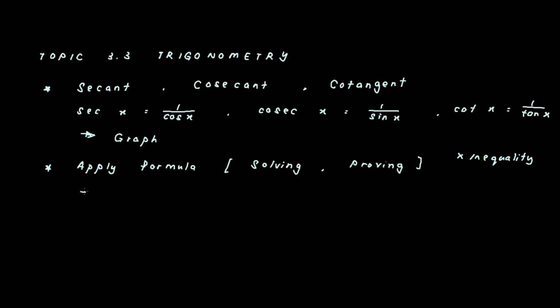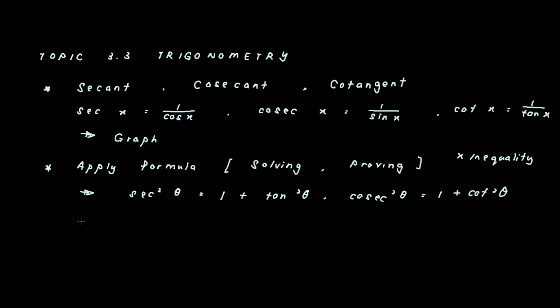So the formulas we have learned are like the basic identities, which we learned about the secant square theta equals 1 plus tangent square theta, and the other one is the cosecant square theta equals 1 plus cotangent square theta. Okay, with the basic identities, the cos square theta plus sine square theta gives you 1, that one.